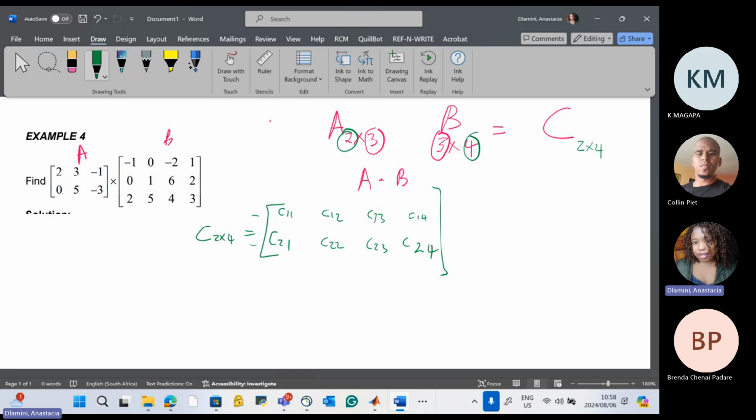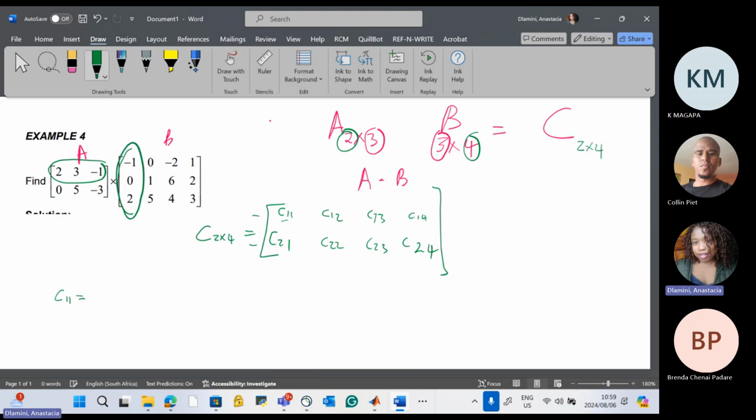Okay, so now how do we do matrix multiplication? Let's remind each other. We'll say row 1, column 1. You see the C11 here. It means row 1, column 1. C11 means go and fetch row 1, which is this one in the first matrix, and column 1 in the second matrix.